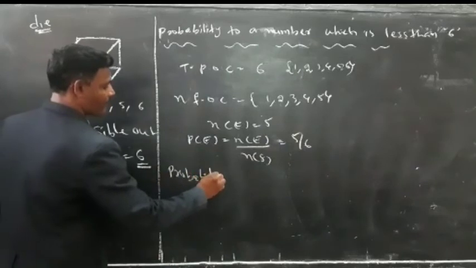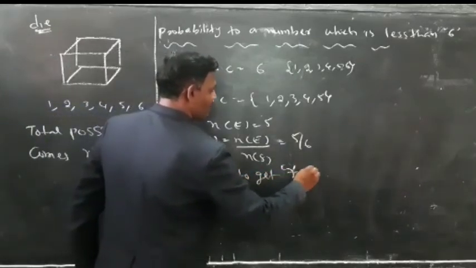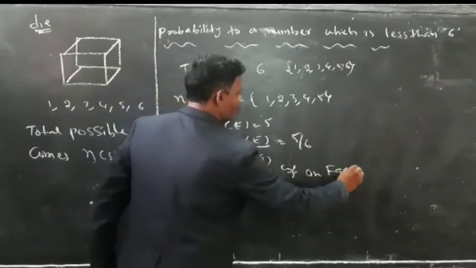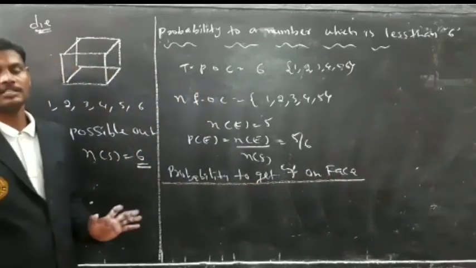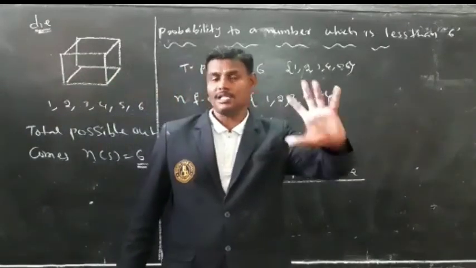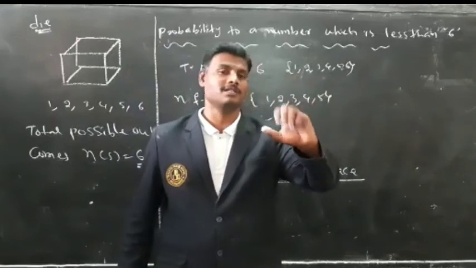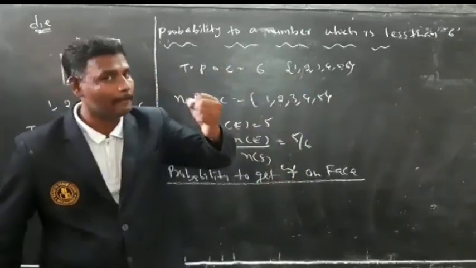Next, probability to get 7 on the face. See clearly, a die has 6 faces. On the 6 faces we can write 6 numbers. But what does he need? He needs 7 on that face. It is not possible.